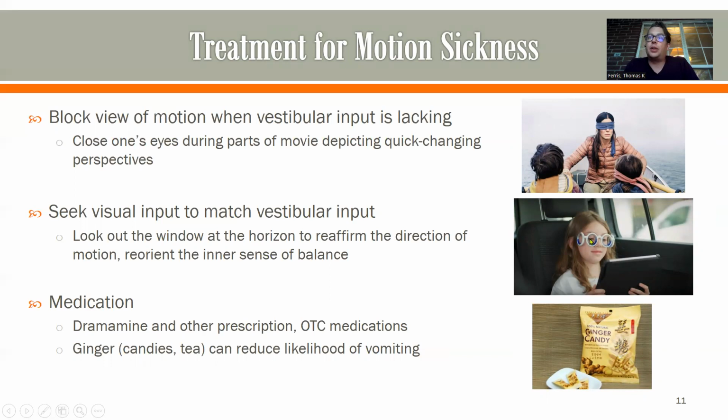I'd be curious if anybody has tried them, but these actually include colored fluid in the glasses, so that when there is any sort of acceleration of the car, you are getting movement here. So even if you're looking at and staying relatively focused on a static book that you're reading, your eyes are still getting visual input to match your vestibular input. So there's some evidence that this sort of glasses help.